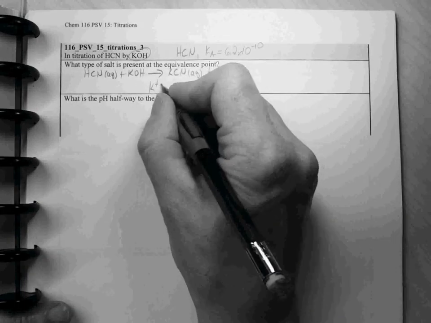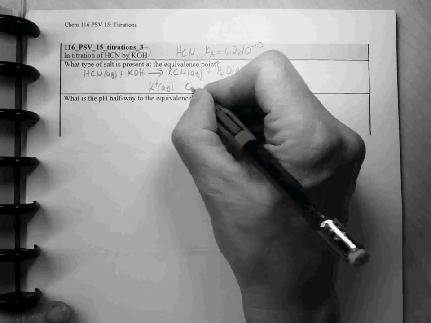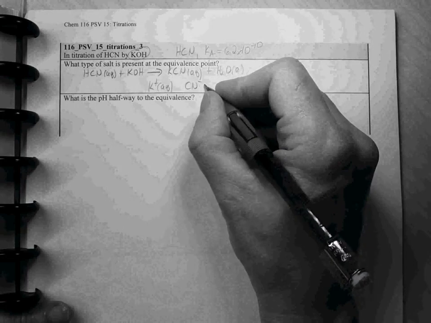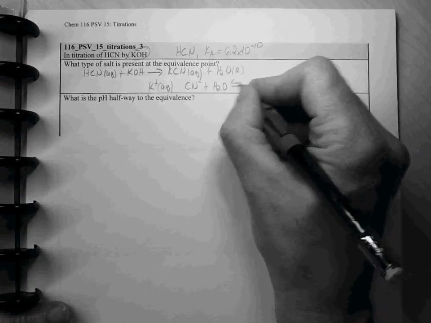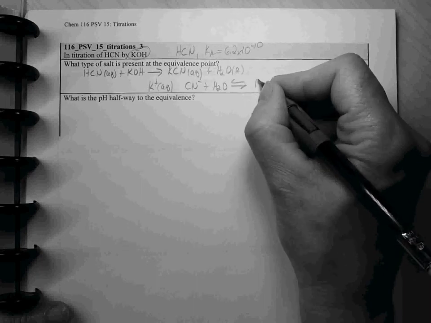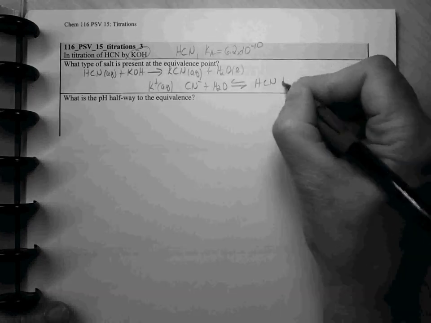KCN in solution means we have K plus ion in solution, which is not going to react with water. But we also have CN minus, the conjugate base of a weak acid, and therefore it has some base strength. It will react with water and form an equilibrium with HCN and hydroxide ion.